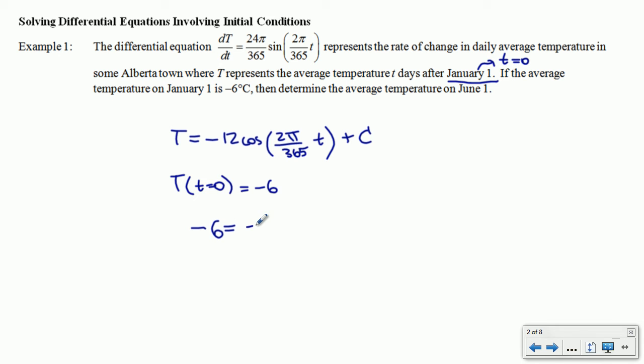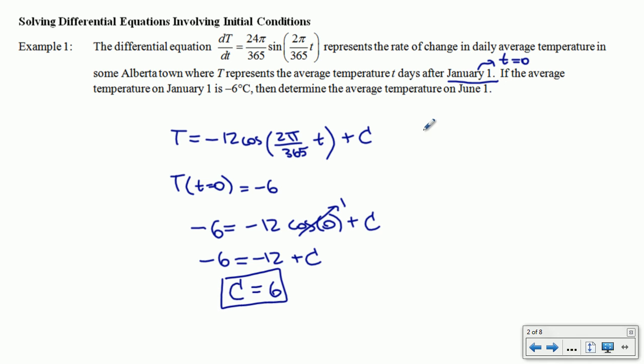So negative 6 equals negative 12 cos of, this whole thing turns out to be 0, plus c. And cosine of 0 is 1. So then we have negative 6 equals negative 12 plus c. And solving for c, we end up with 6. So our final expression for the temperature would be minus 12 cos 2 pi over 365 t plus 6.